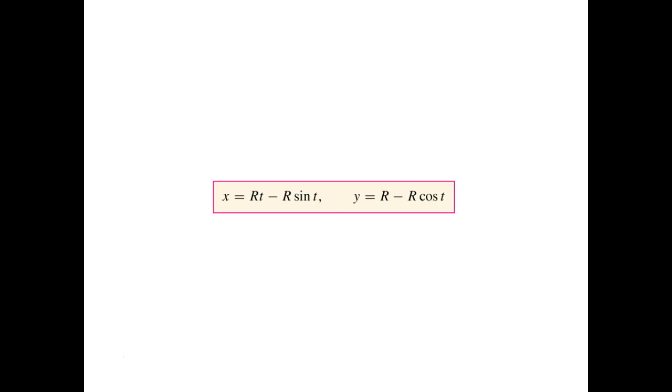X is equal to r t minus r sine t, and y is equal to r minus r cosine t. So whatever your radius was, that's your starting point, or the center of the circle, basically, from here. And that's the starting point, and it goes forward after that. Now, I don't think you'll ever get this to be greater than that.